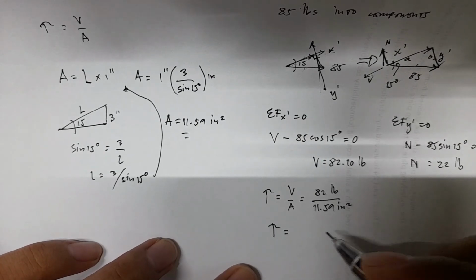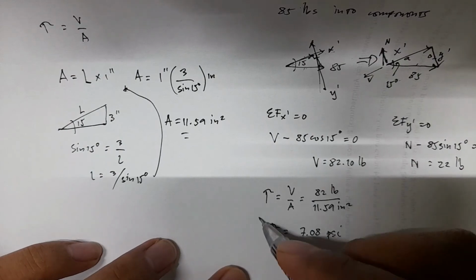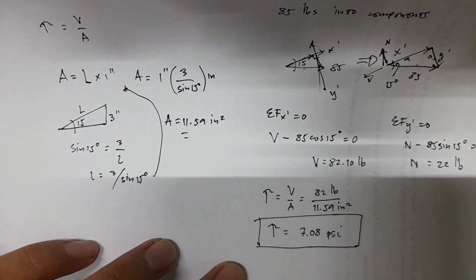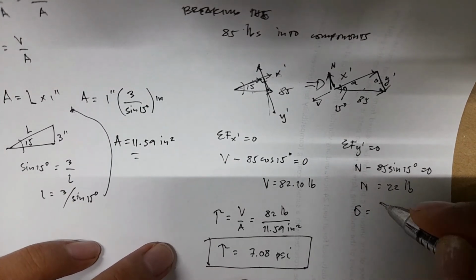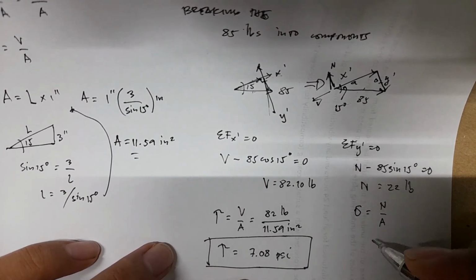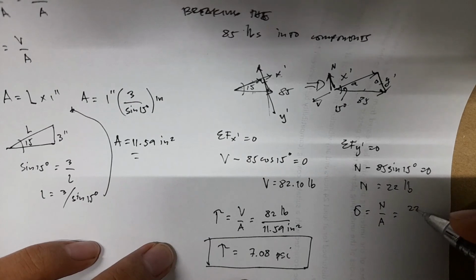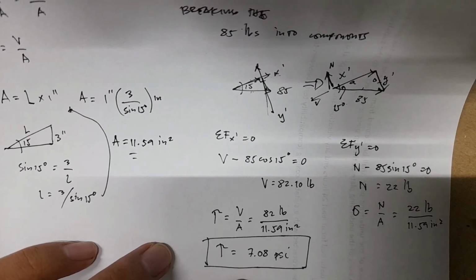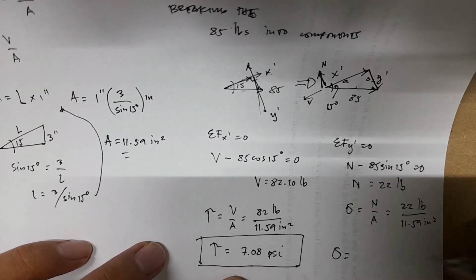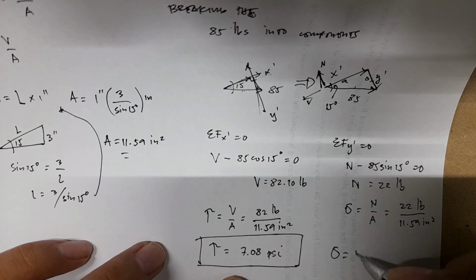Tau equals 7.08 psi. For the normal stress, sigma is equal to N over A, which is 22 pounds divided by the area computed earlier. Sigma is just equal to 1.90 psi.